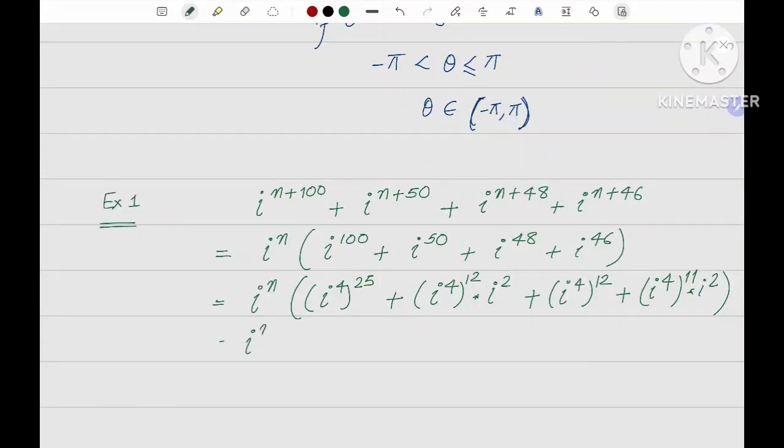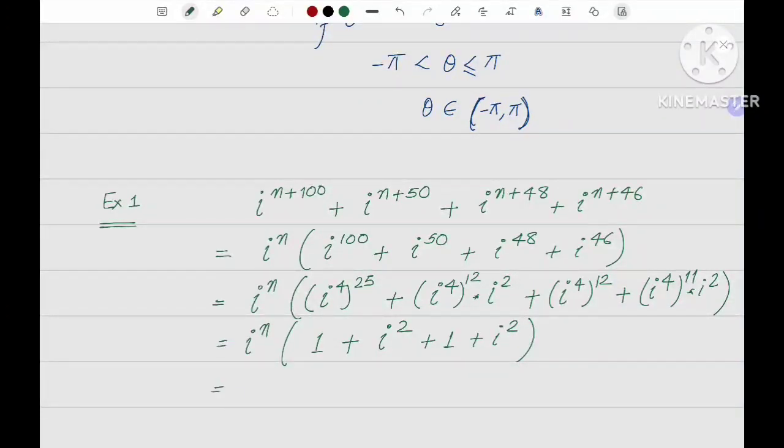This is equal to i to the power n. So this becomes 1 to the power 25, I can straight away write 1, plus this becomes i to the power 4, that is 1. 1 to the power 12 is 1, so I am left with i square, and this is again 1 to the power 12, so it becomes 1. This is 1 to the power 11 into i square, so the last term is i square.